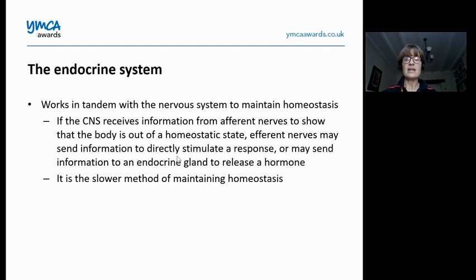That might be the central nervous system sending messages down efferent nerves to stimulate a quick direct response, or it may send a message to an endocrine gland telling it to release a hormone. Hormone responses are slower, but a really important method of maintaining homeostasis, that internal state. So the endocrine system and the nervous system work very much in tandem to achieve regulation of our homeostasis.